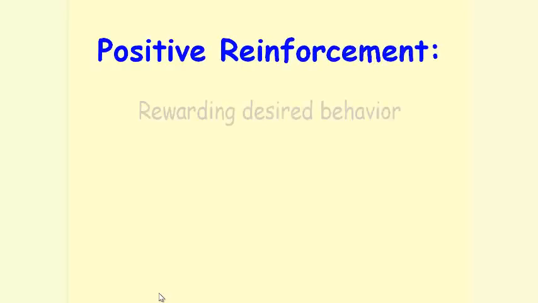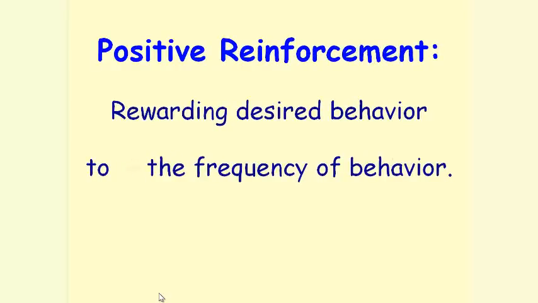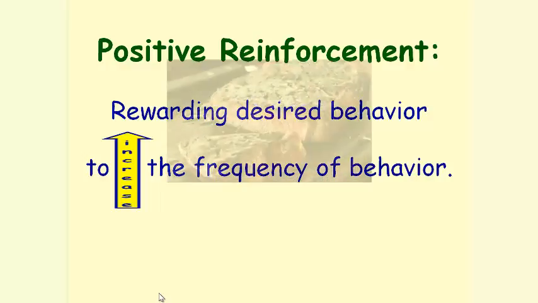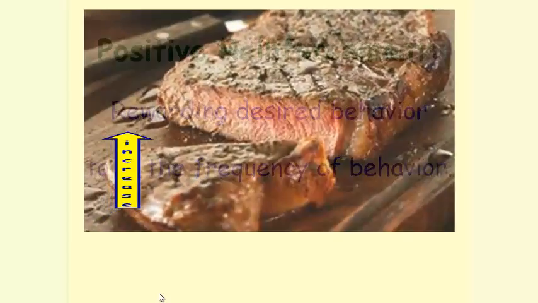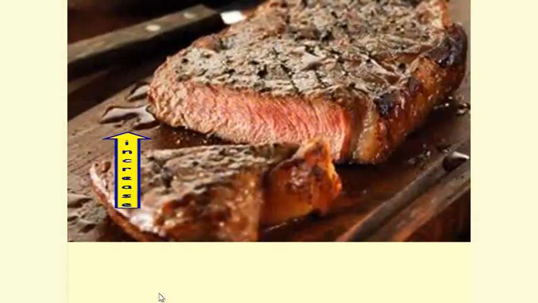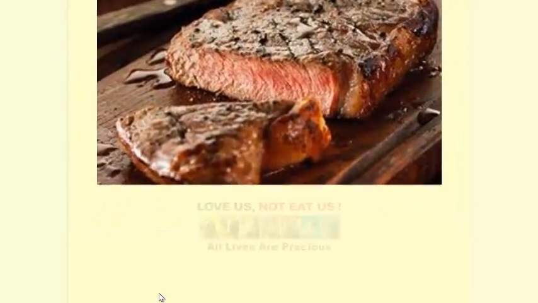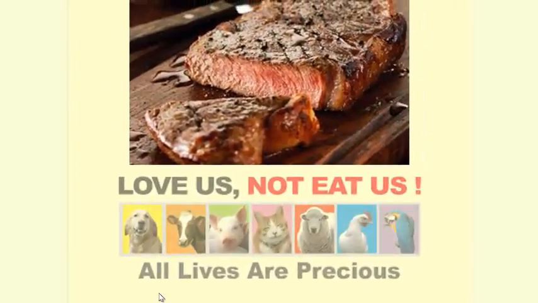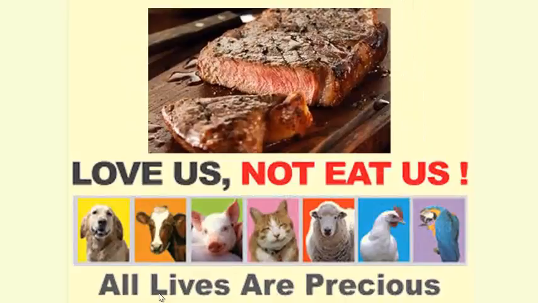So again, positive reinforcement rewards desired behavior to increase the frequency of behavior. But what is positive reinforcement to a given organism? I drool over steak, but my friend who is vegetarian will gag at the smell of bacon. So it's not really as simple as it appears on the surface.